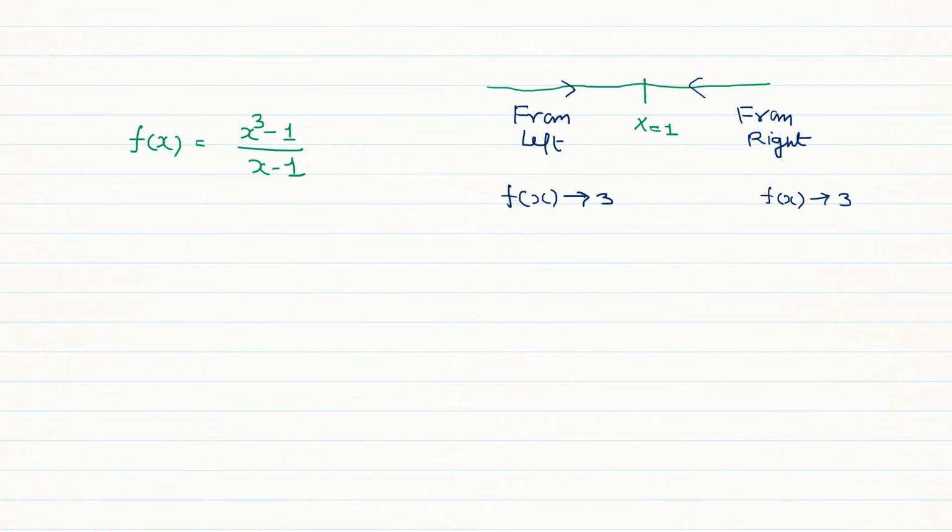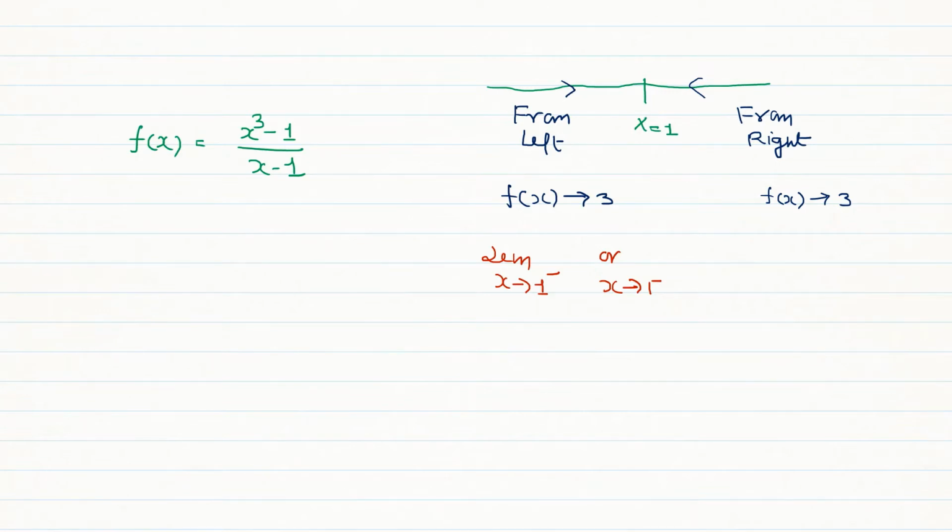So as in case of this function, we have seen when x is approaching 1 from left, f of x is tending to 3. This is called left hand limit and we write it as limit x tends to 1 minus. Similarly, when x is approaching 1 from the right, f of x is again tending to 3.